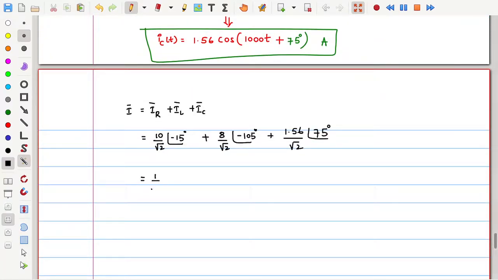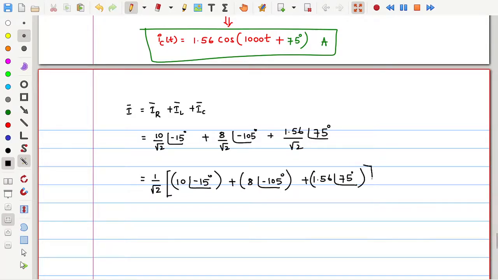So then let us put everything as 10 at an angle of minus 15, plus 8 at an angle of minus 105, plus 1.56 at an angle of 75. And now you add up all these phasors. You can use a calculator also to add these things, and let us see how much we will get.